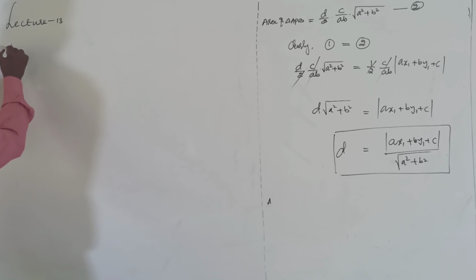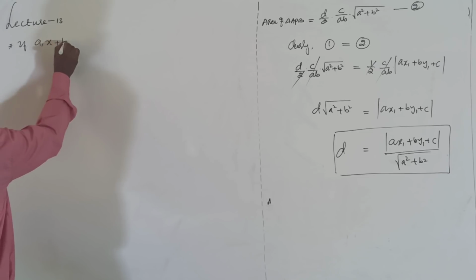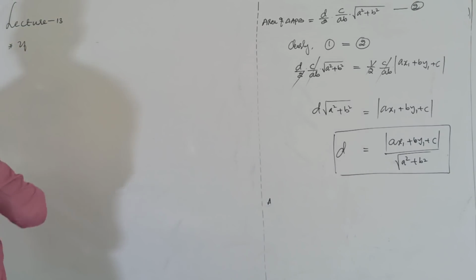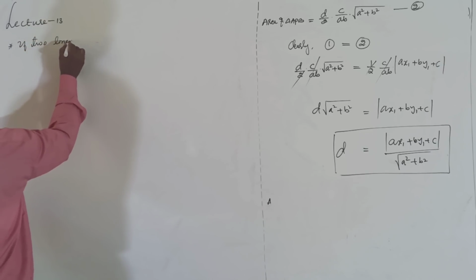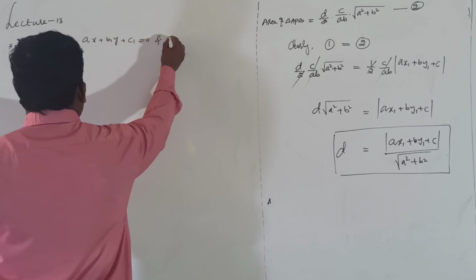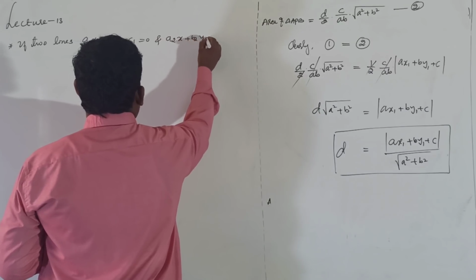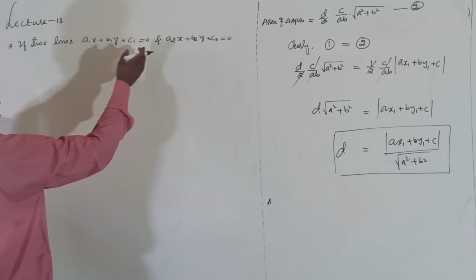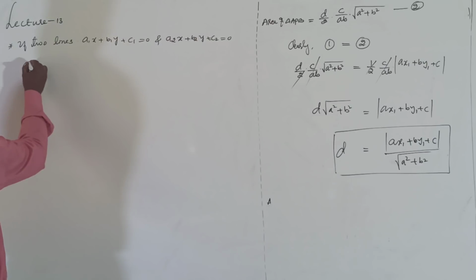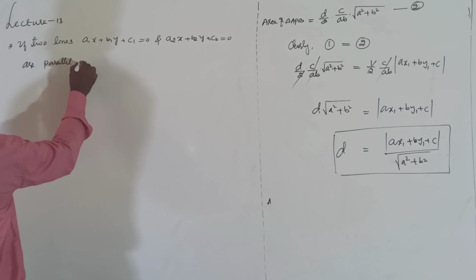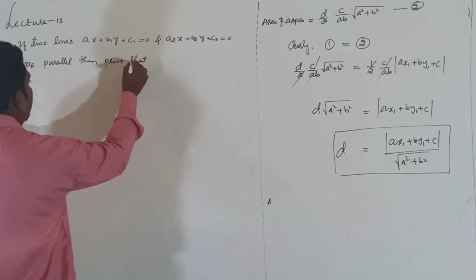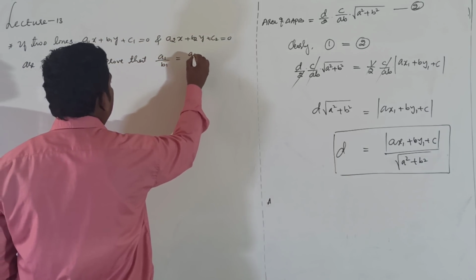Next, if two lines a1x plus b1y plus c1 equal to 0 and a2x plus b2y plus c2 equal to 0 are parallel, then prove that a1 divided by b1 is equal to a2 divided by b2, right?